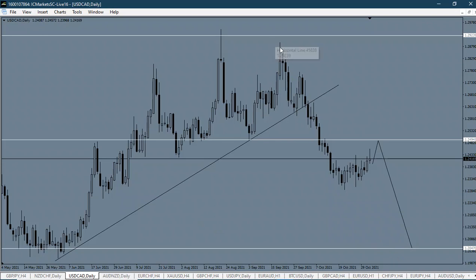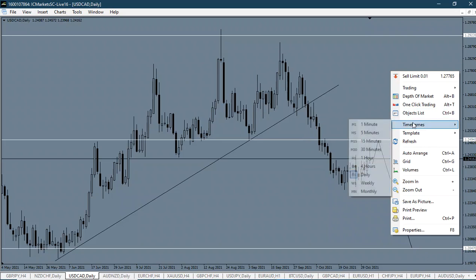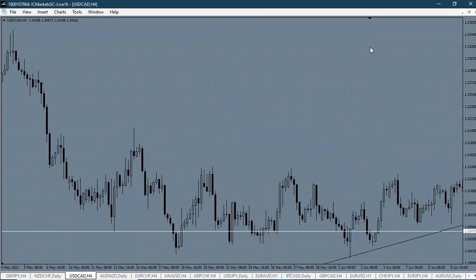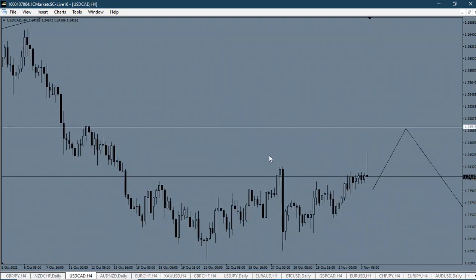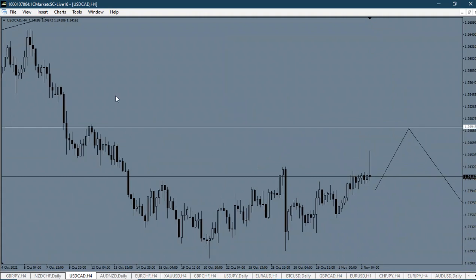So as we can see, price came from an impulse move right here, so it's currently correcting towards this level. So we know an impulse and a correction, we are expecting another impulse towards the downside. So for now, let's go down towards the lower time frame to see what we can do with this information.